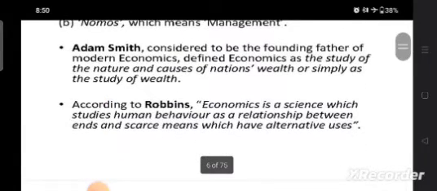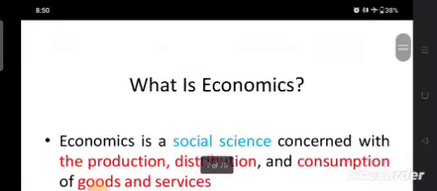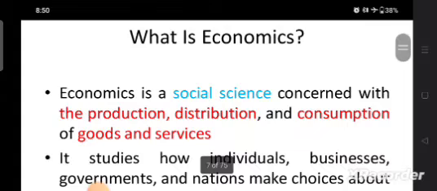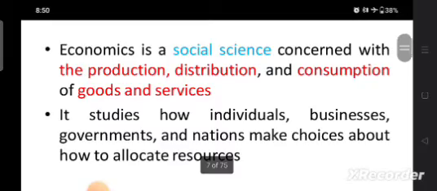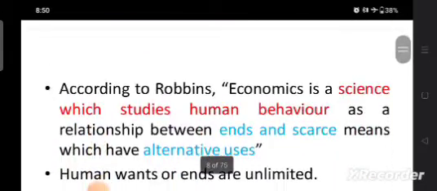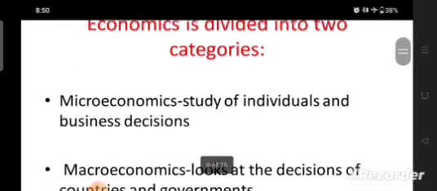According to Robbins, economics is a science which studies human behavior as a relationship between ends and scarce means which have alternative uses. Another definition is that it is concerned with how goods and services are produced, distributed and consumed. These are the various definitions of economics.